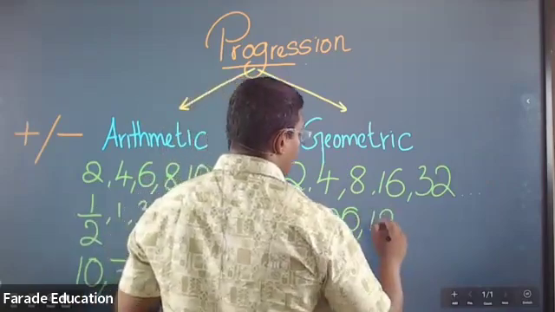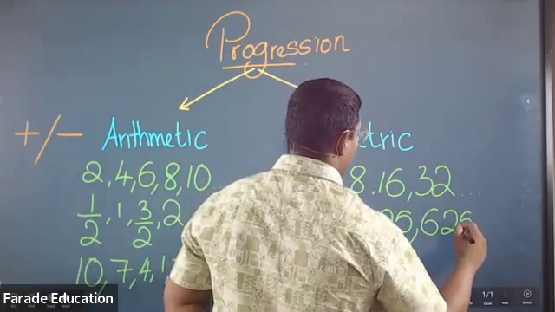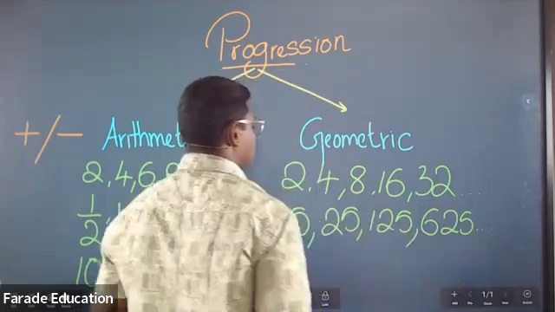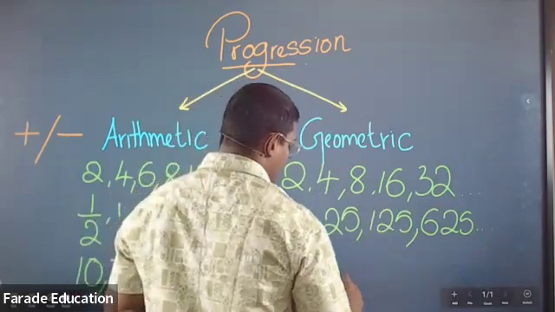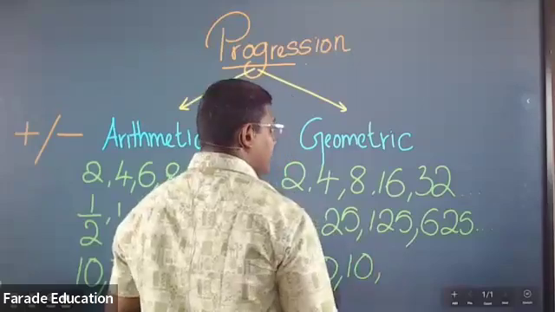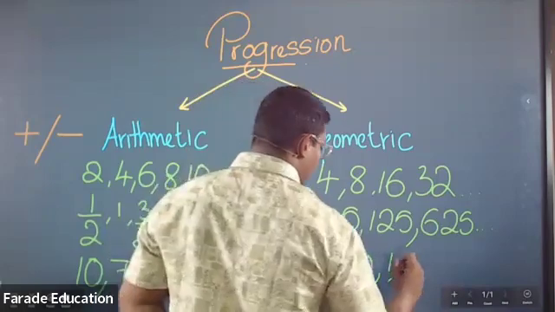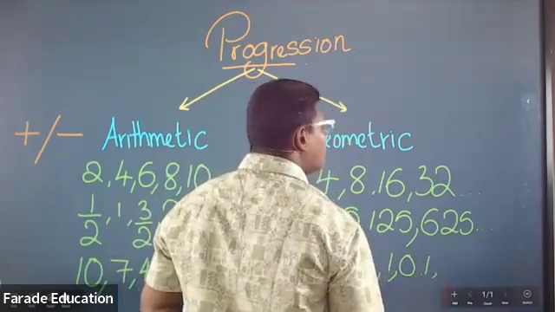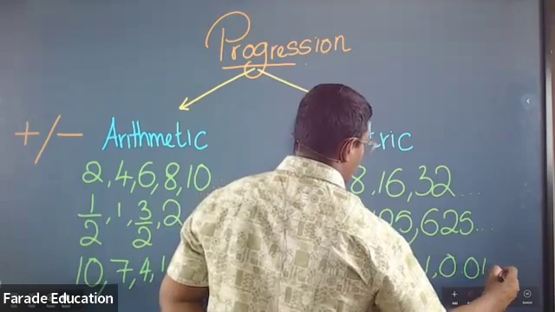Multiplied by 5, 125. Multiplied by 5, 625. Multiplication. 100 divided by 10, 10. 10 divided by 10, 1. 1 divided by 10, 0.1. 0.1 divided by 10, 0.01.